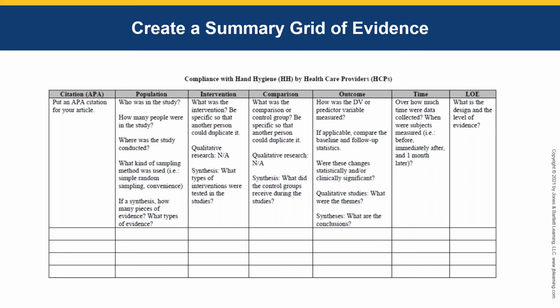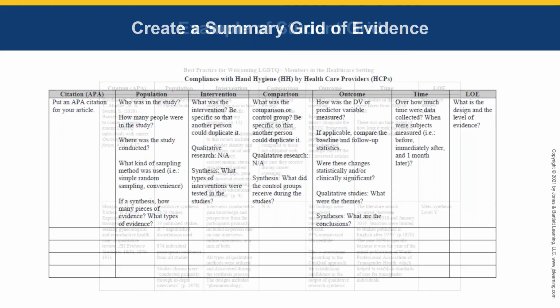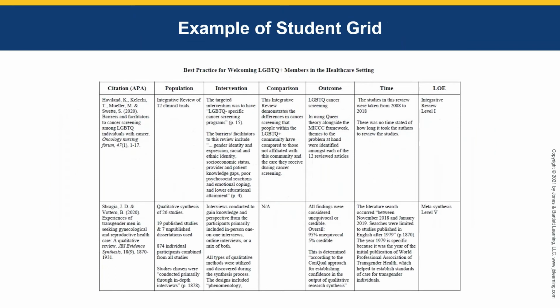I have found that this simplifies it for the undergrad students compared to a graduate grid, and I've seen improvement using this grid. This grid is also available on the companion website, as well as a traditional grid if that's what you want to use.